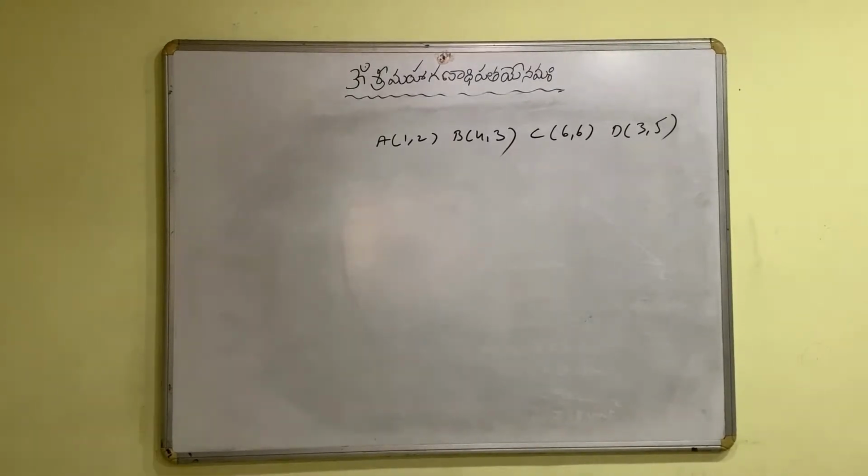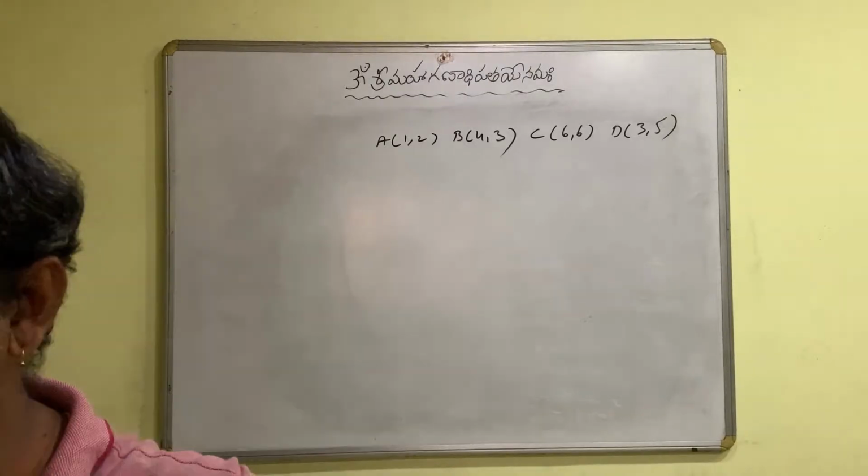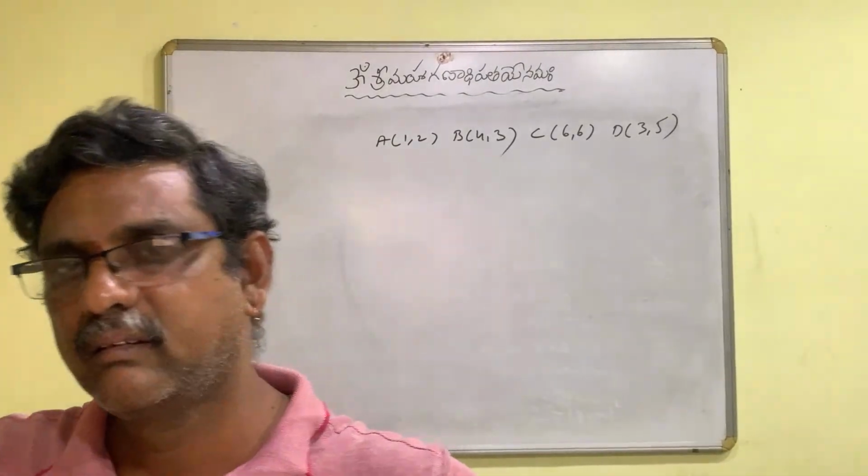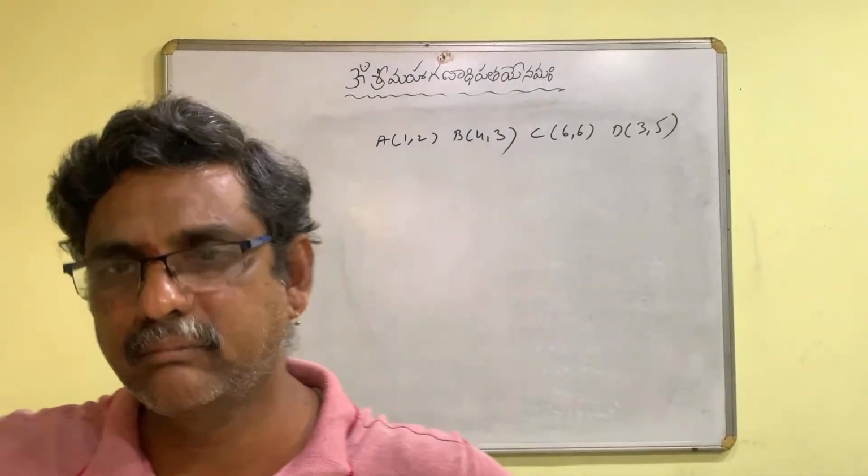First find the length of the diagonal. Suppose you got the lengths of the diagonals are not equal, then what is your conclusion, Amulya? Suppose the lengths of the diagonals are not equal, what is your conclusion? It forms a parallelogram.